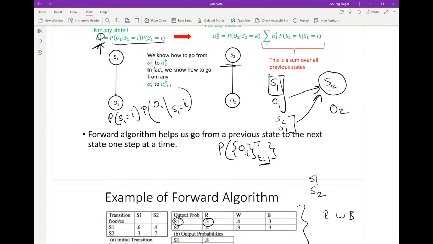To be sure how to do that, it is alpha capital T state 1 plus alpha capital T state 2, plus whatever, and if there are K states, it goes up to K. That is called the probability of observing the observable sequence.